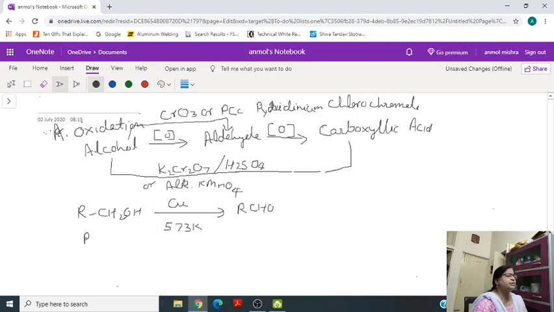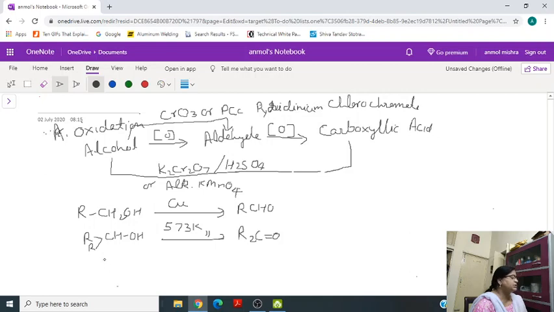If secondary alcohol is taken, reagent is same, copper and temperature same, it will form ketone.